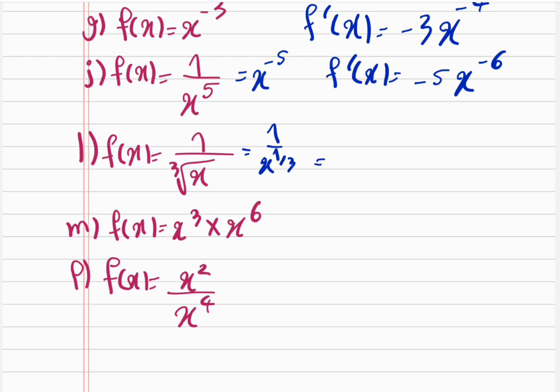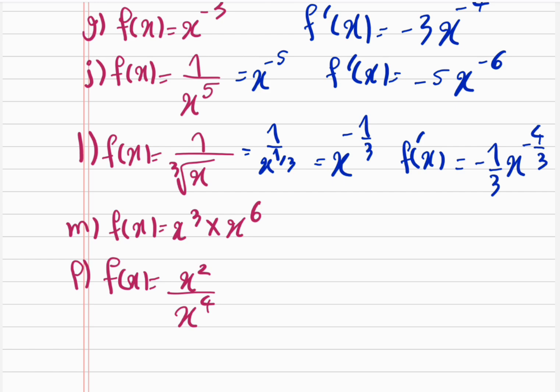Now, 1 over the cube root of x, in the form x to the power of n, is obviously going to be x to the power of minus a third. Now we can differentiate this. That's equal to the power, which is minus 1 over 3, times x, and then minus 1 over 3 minus 1, which is minus 4 over 3. And this is the derivative.